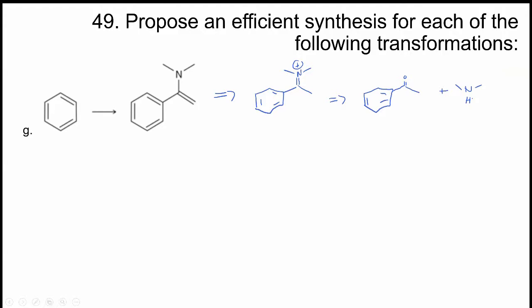All right, and then in order to synthesize this acetophenone, we are just adding 2 carbons with the acyl group. Hopefully you can see that in there. So we just take whatever's on that ring group there and add a chlorine to it, plus AlCl3.